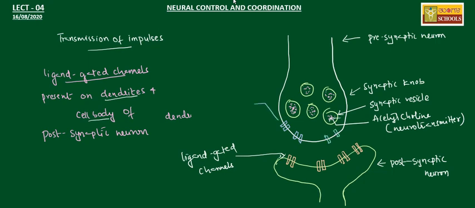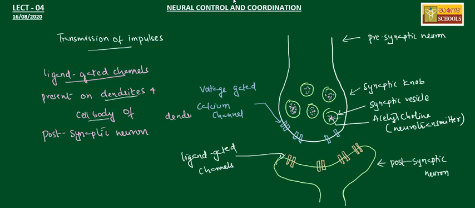These are voltage gated sodium channels, I'm sorry, voltage gated calcium channels. So on the postsynaptic neuron we have ligand gated channels, whereas on the presynaptic neuron we have voltage gated calcium channels.